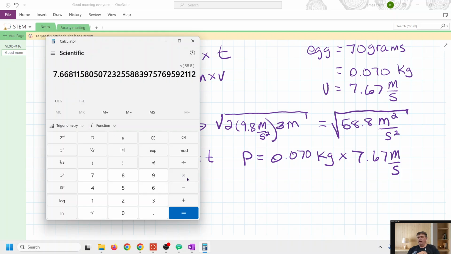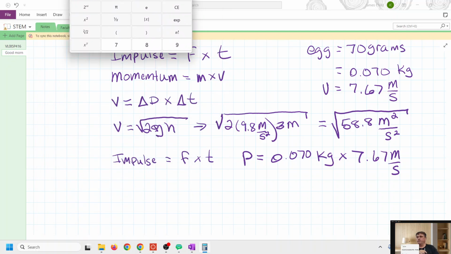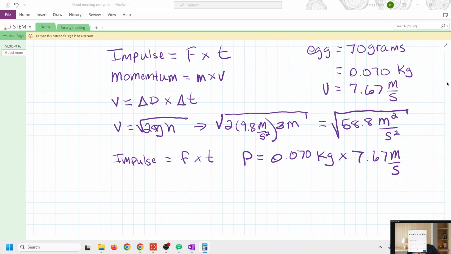Let's pull up our calculator. 7.67 times 0.07. All right, and that gives us a momentum. There we go.